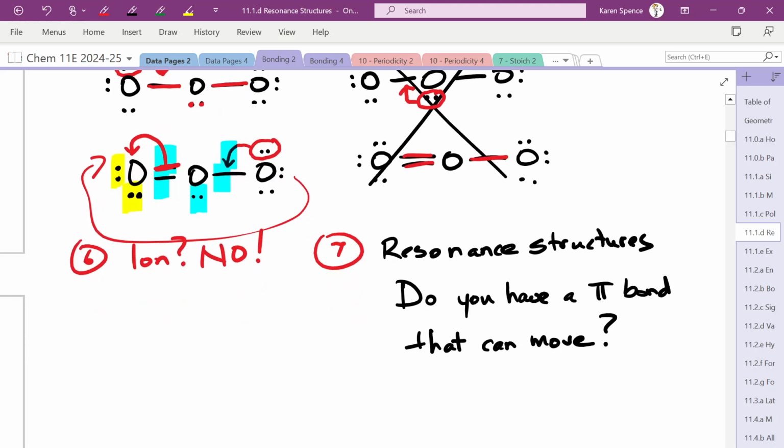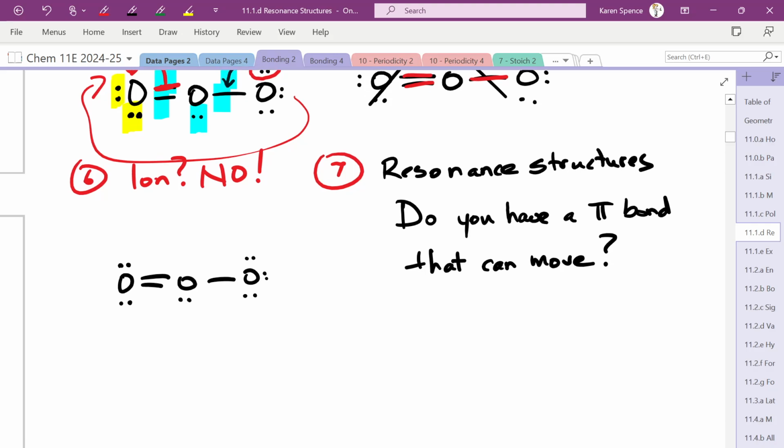How you would draw your resonance structures is you would draw your first resonance structure, which has 2 lone pairs and the double bond. And how do you draw the other one? You would have oxygen in the middle still. Where does the double bond go? On the right. How many lone pairs on the right-hand oxygen? 2.